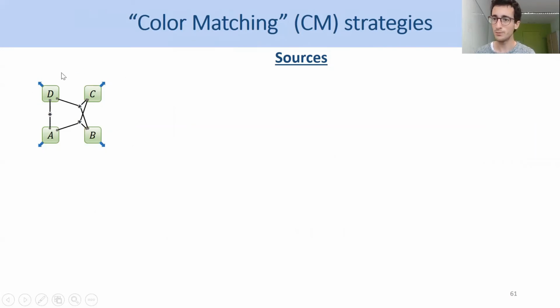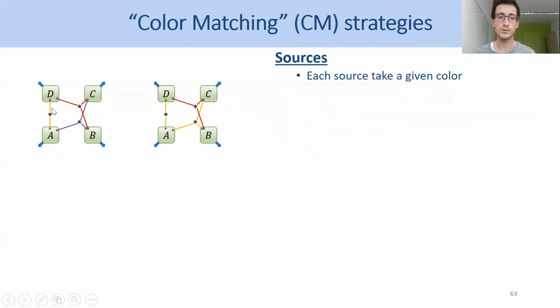In this scenario, for instance in this network, you have sources which will take different colors, for instance yellow or red or purple, and they may take it in a classical way. For instance, this source will have some probability to be yellow, some probability to be red, some probability to be purple, or also in a quantum superposed way of all the colors.